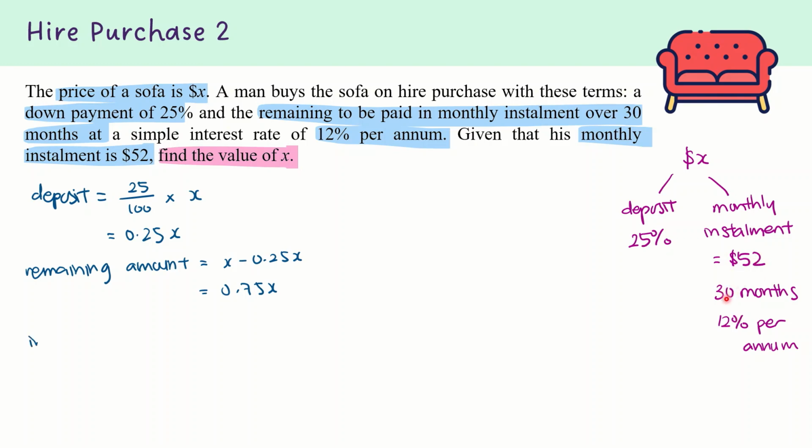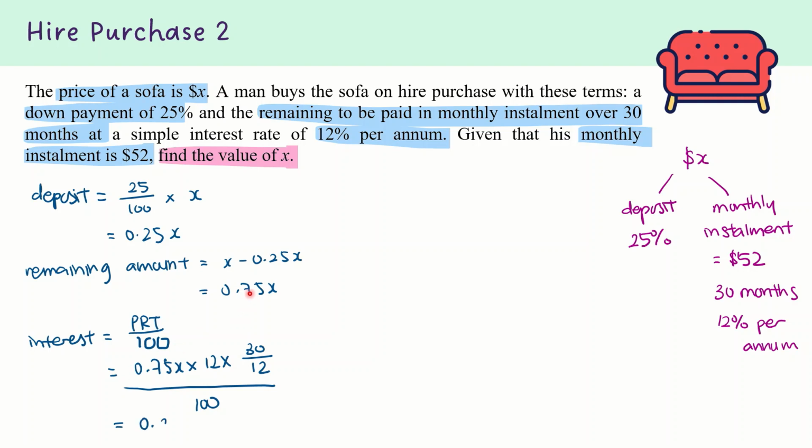So the interest is equal to our usual formula, PRT over 100. That will be to take the remaining amount times 12, because the interest rate is 12%, and times the number of years. Why is it that we cannot take T equals 30? Because the interest rate, 12%, is per annum, so that means it is counted per year. Therefore, we need to change the 30 months into number of years.